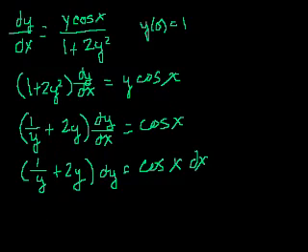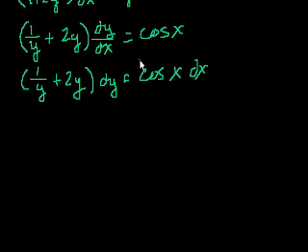And now we can integrate both sides. So what's the integral of 1 over y with respect to y? I know your gut reaction is the natural log of y, which is correct, but there's actually a slightly broader function whose derivative is 1 over y, and that's the natural log of the absolute value of y.